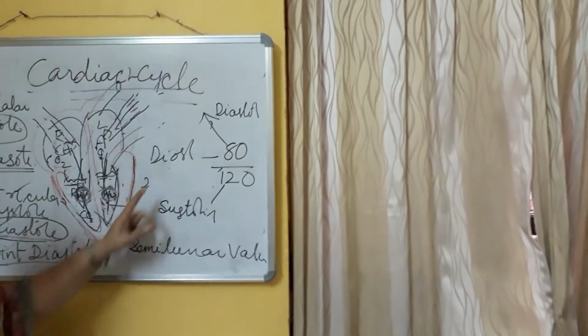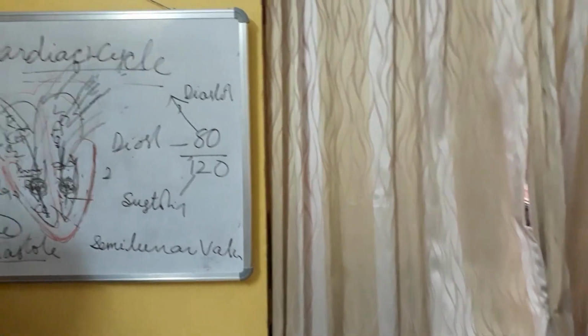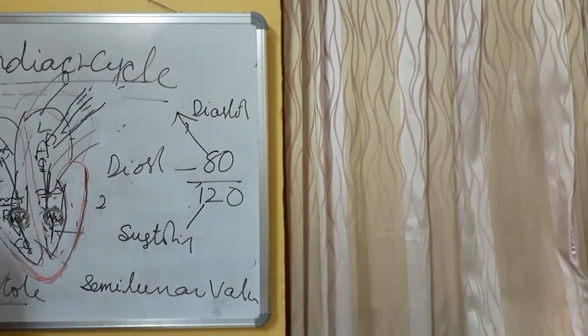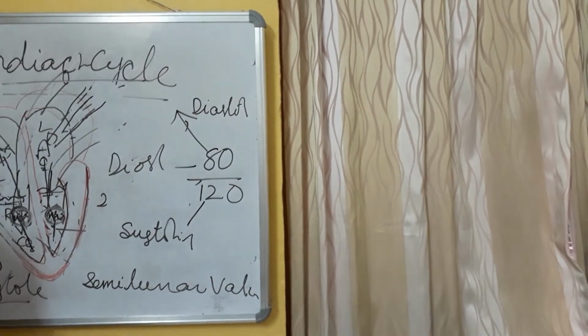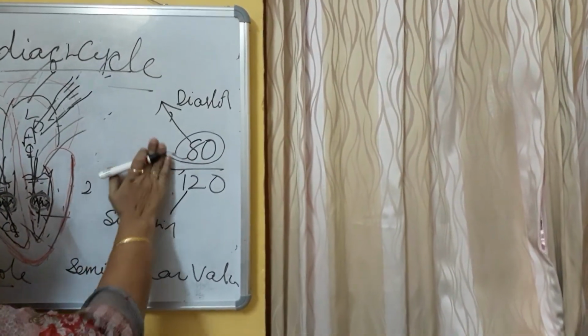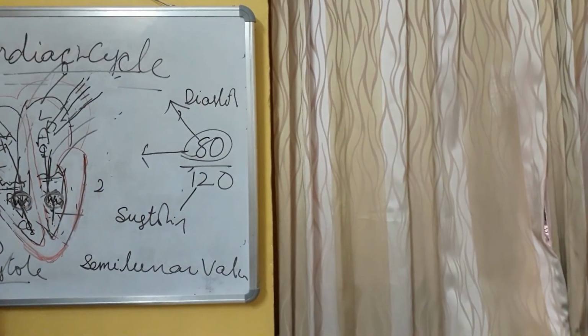This is relaxing condition, 80, and when it has to pump the blood, systolic condition, 120, sometimes 130, 140, no problem. But when in relaxing condition the pressure is increasing, some problem is there.